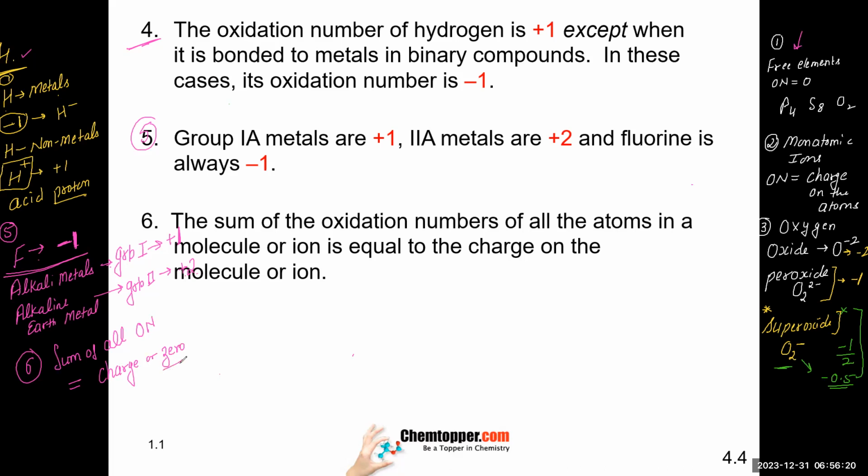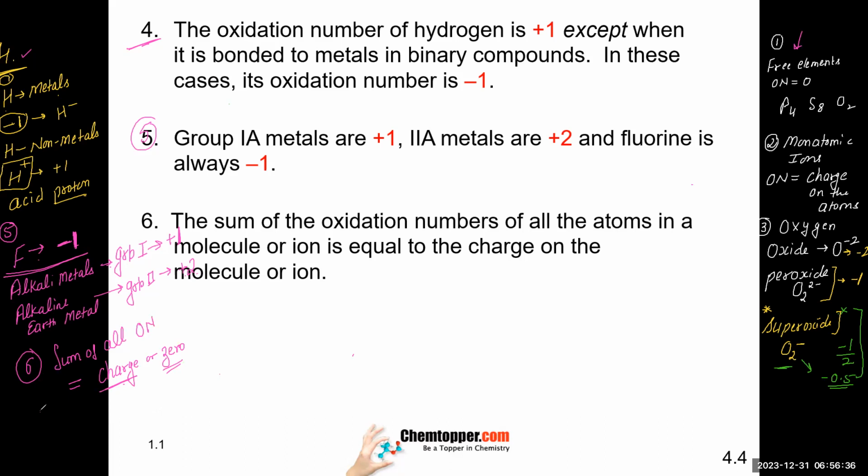If no charge, then put 0. If it is a polyatomic ion, an ion with some charge, then put it equal to that charge. So now I'm going to explain all these rules again with the help of examples.